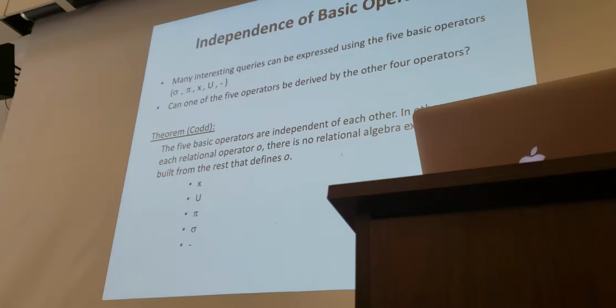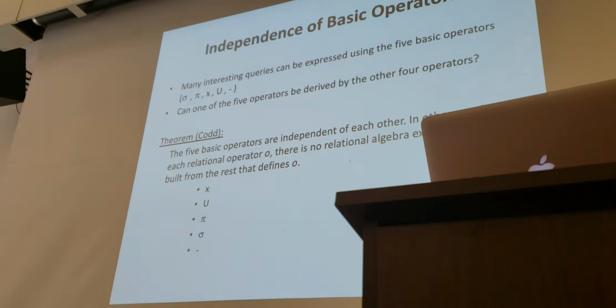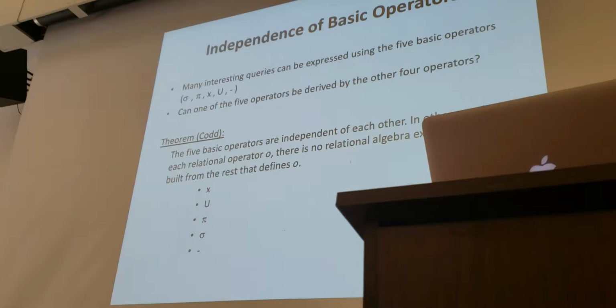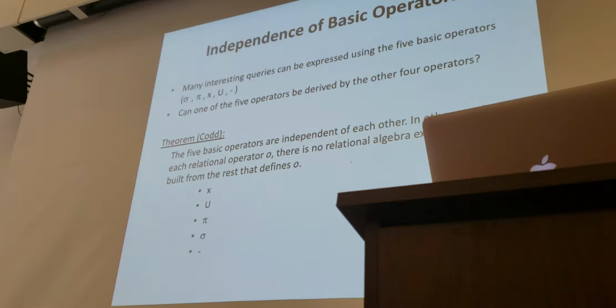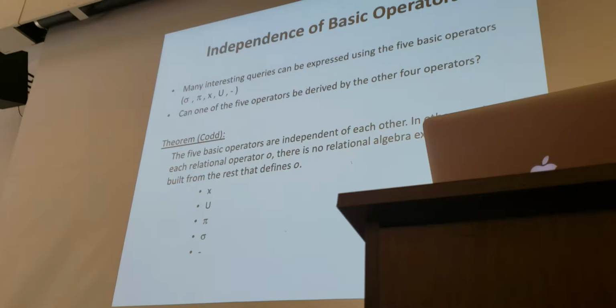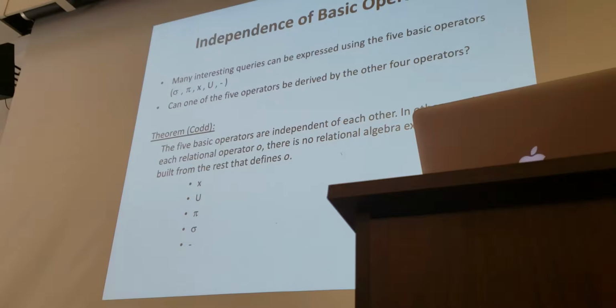We saw that you can express union using the other five, you can express division using the other five, natural join, semi-join, but you can't express any one of these five using the other four. You ready for a really big hand wave? I'm going to explain why you can't do it, very quickly.